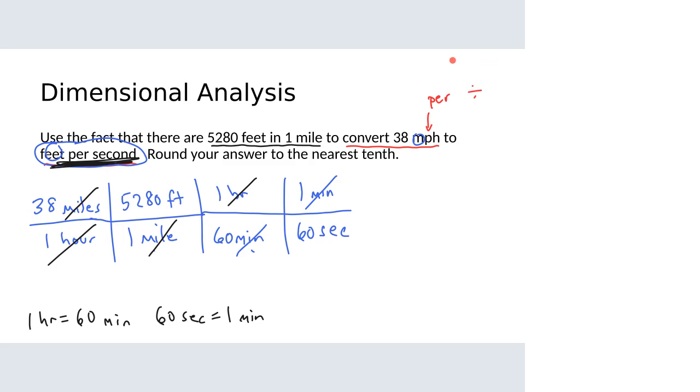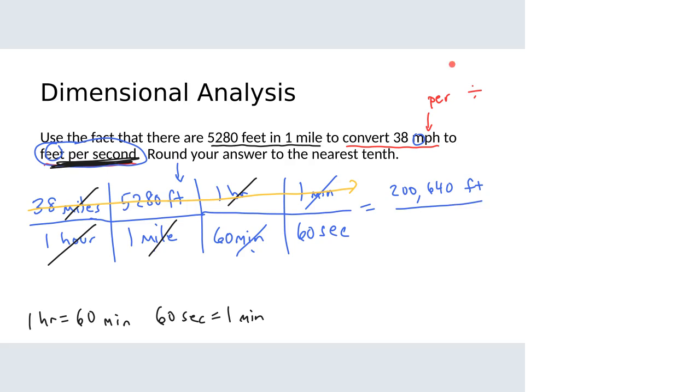Now I'm finally at a place where I can multiply along here. And let's see what I'll wind up with. I'll get, let's see, 38 times 5,280 times 1 is 200,640. And the units I have up there are feet. It's a big number, but we have a calculator. It's okay.